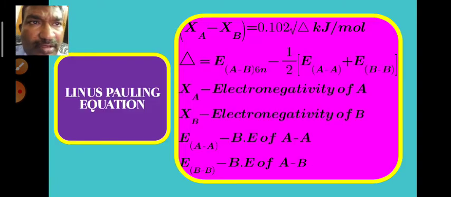Here we have two types of scales to measure the electronegativities. One of them is the Linus Pauling scale, and the second one is the Mulliken scale. But here we are going with the Linus Pauling equation. Linus Pauling expressed electronegativity by this equation.